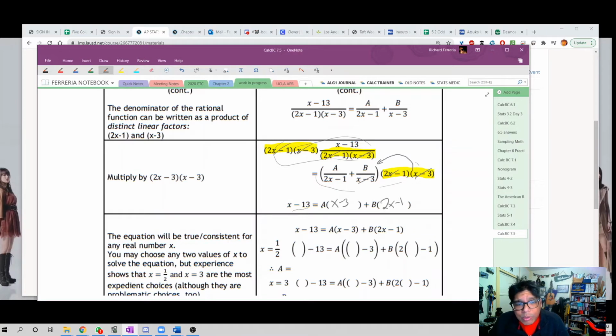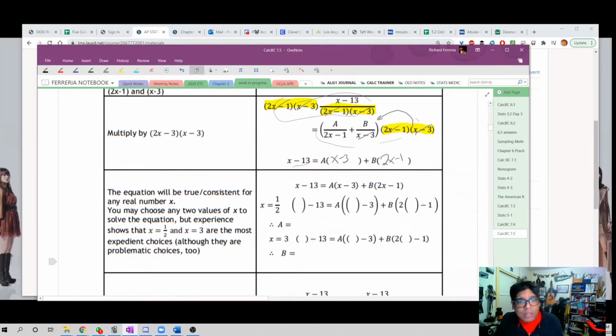So what we're going to do is choose values of x which are convenient to solve. So once again, x is a variable, A and B are parameters. So regardless of what number I choose for x, the equations should be correct, with the same values of A and B. So the first number we're going to try is, what if x is equal to 1/2?